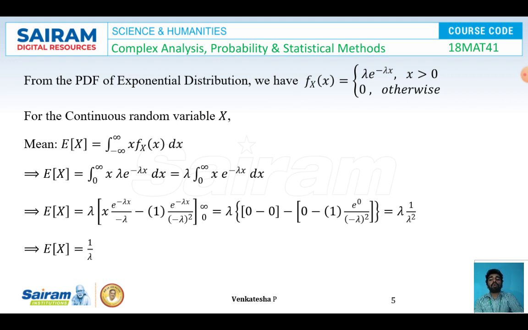Now I am going to use the formula of integration by parts, or Bernoulli's condition, to integrate the product of two functions. In this one, I am going to take x as the algebraic function u and e^(-lambda x) as the exponential, that is the v term. So I am going to use Bernoulli's condition now.